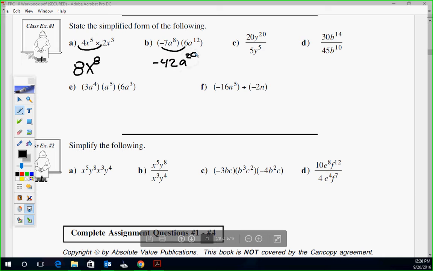Add the exponents. Now we've got a couple of division problems. 20 divided by 5 is 4. y20 over y5 is not y4, it's y15, because you subtract: 20 minus 5.